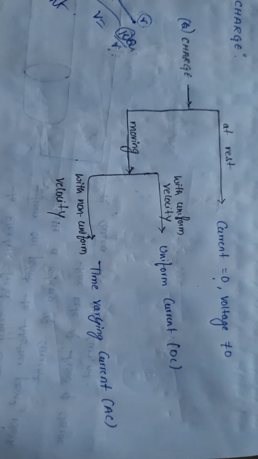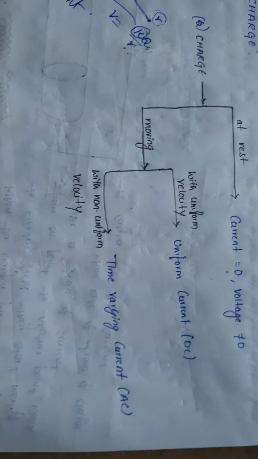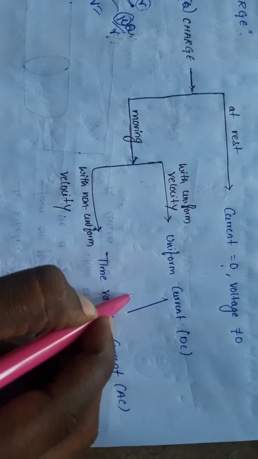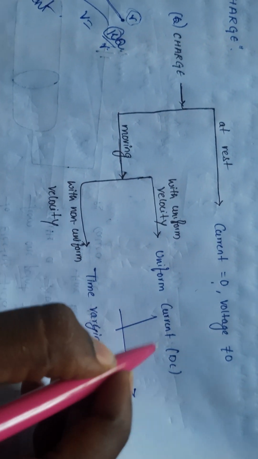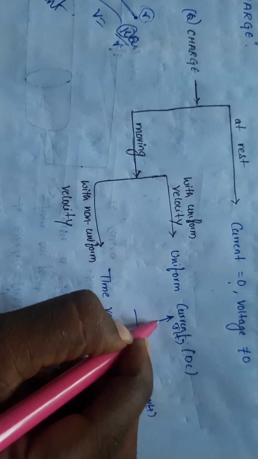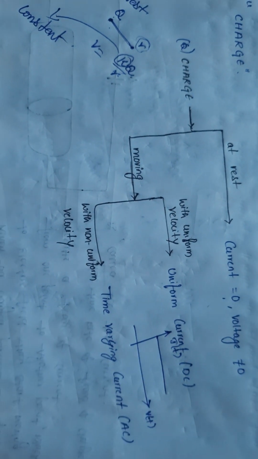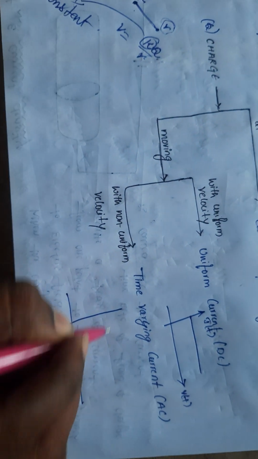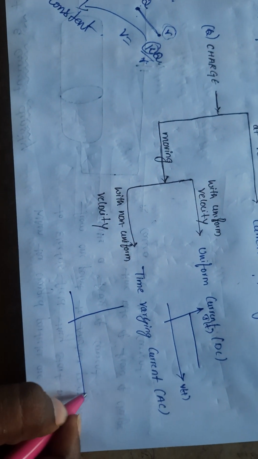Okay. A charge is moving with uniform velocity. Uniform velocity means DC. It is a straight line. Okay. This is V of t and this is I of t. This is the DC current. Okay. With non-uniform velocity, non-uniform velocity means this is the time varying current.